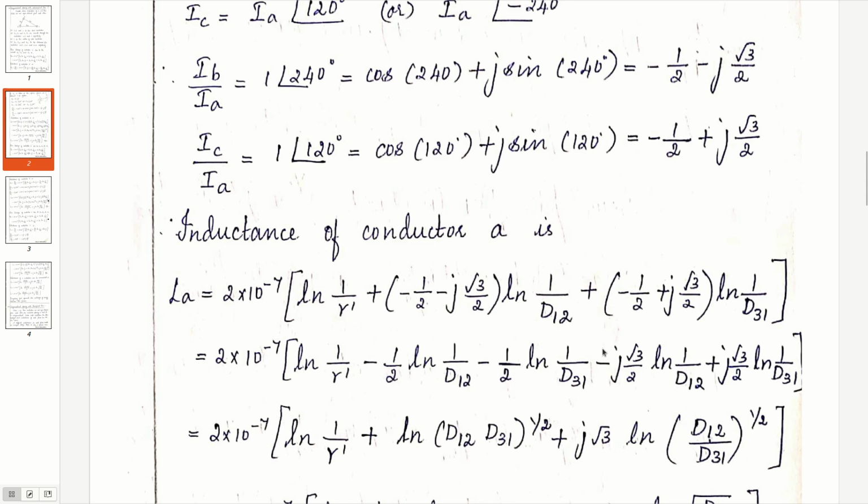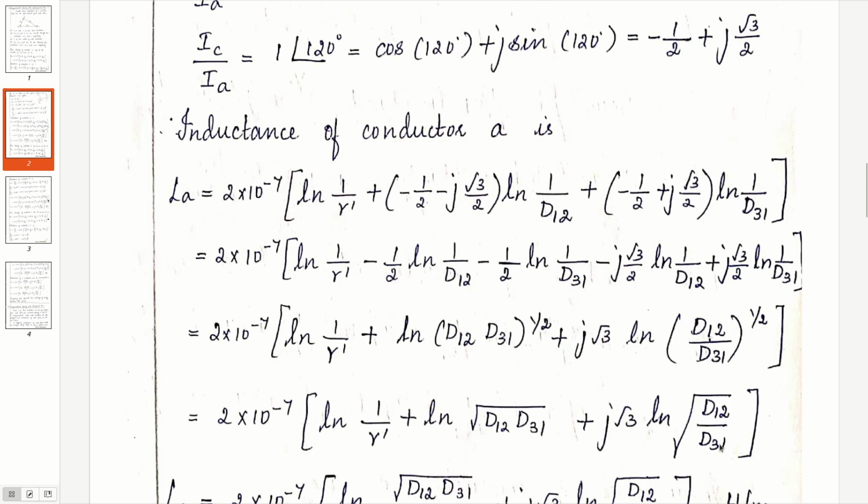In the same way, we have simplified and combined these two terms also. j root 3 we have retained. Then d12 has gone to the numerator after changing the sign to plus, and d31 in the denominator, so this 1 by 2 has gone as power 1 by 2.